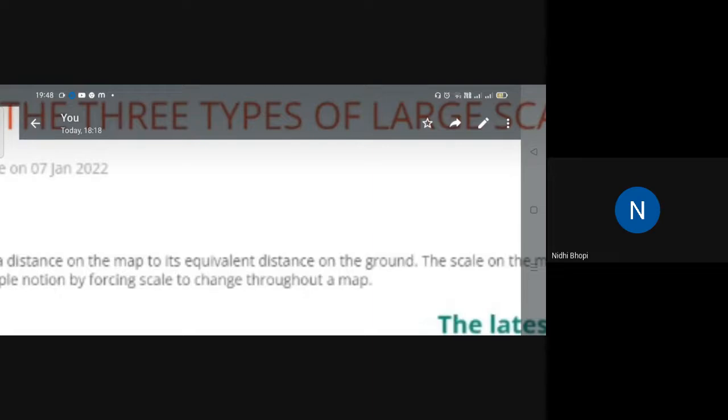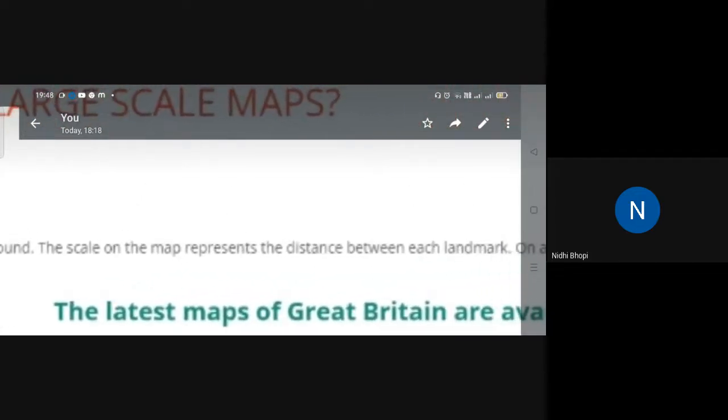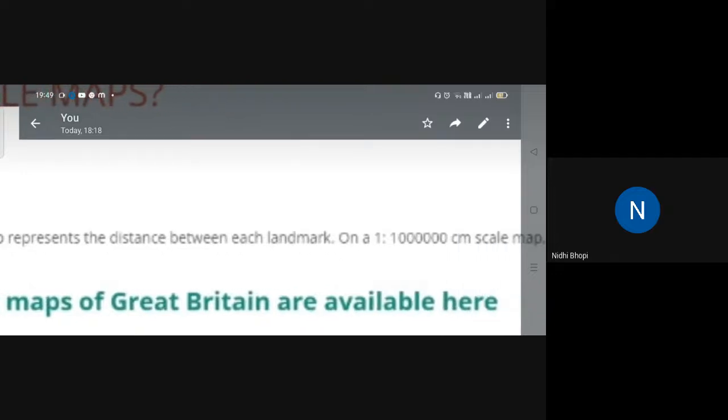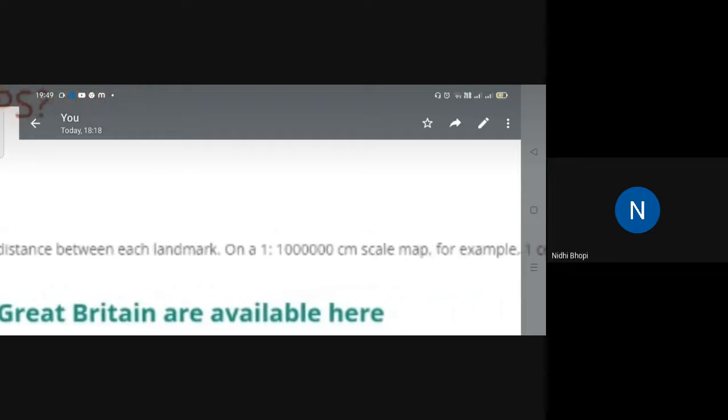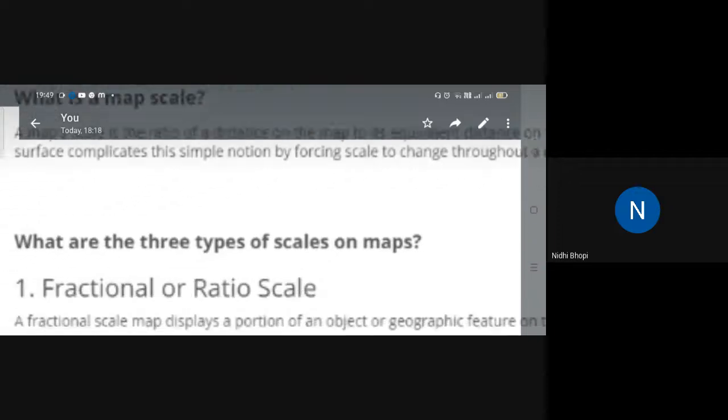But on a map, if it is 2 centimeter on the map paper, it will be 20 kilometer on the ground. That is called a map scale, isn't it? So the scale of the map represents the distance between each landmark. That is 1 is to 10 lakh. In this way, we put the ratio of the map.